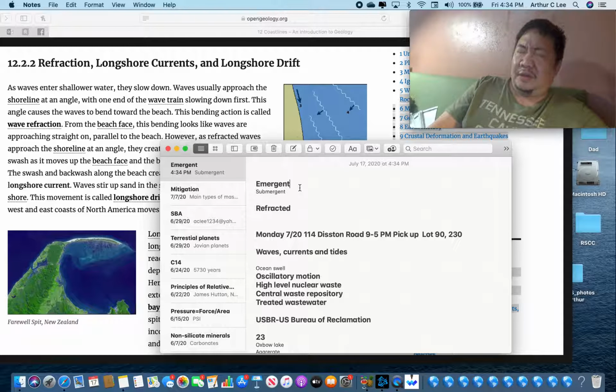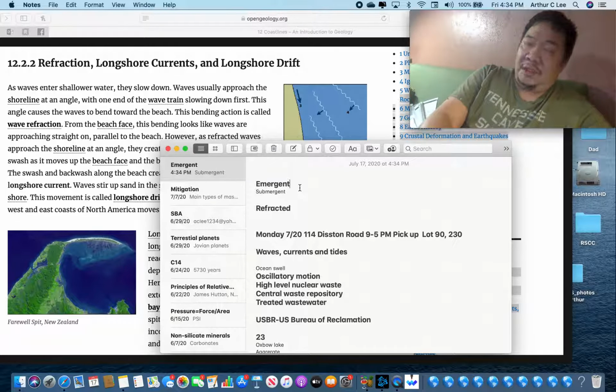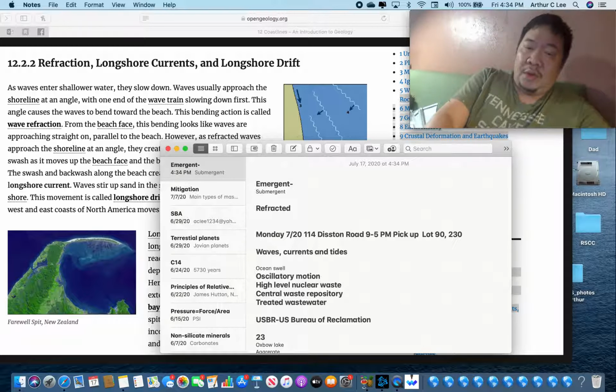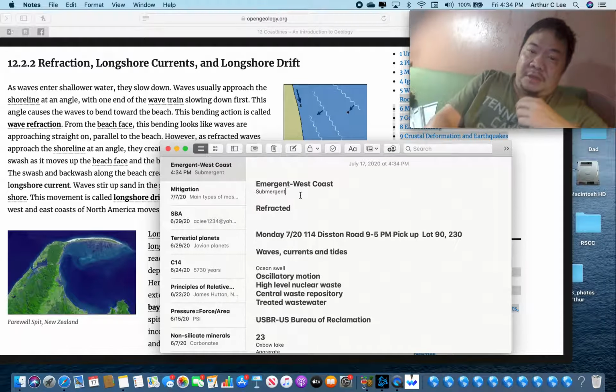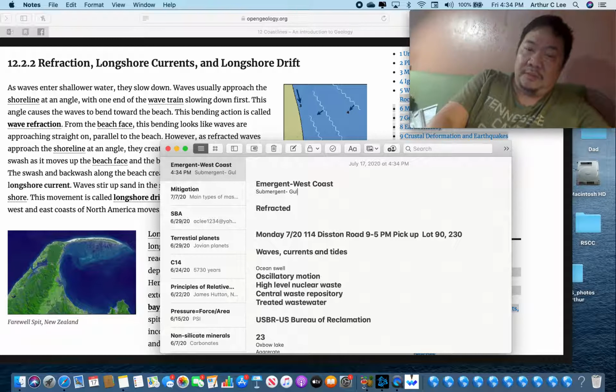First thing I'll tell you is that an emergent coastline for us in the United States is our west coast. We've got two submergent coastlines. I'm only talking about the lower 48 states, but we've got two submergent coastlines for the lower 48 states, and those are the Gulf of Mexico and the Atlantic coast.